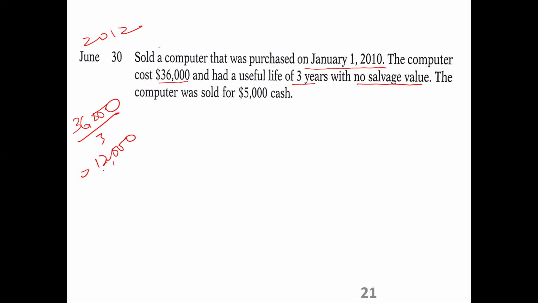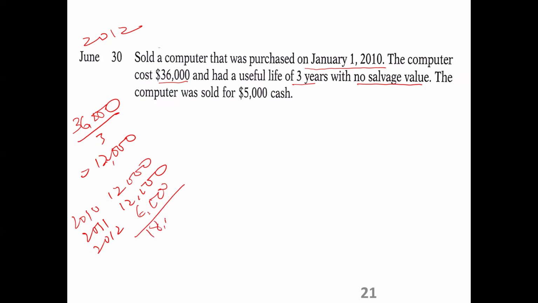So the depreciation expense for 2010 would be 12,000. For 2011, it would be 12,000. Whereas in case of 2012, it would be just for 6 months. So that means it's going to be 6,000.